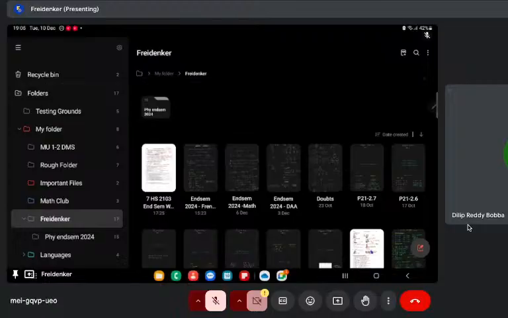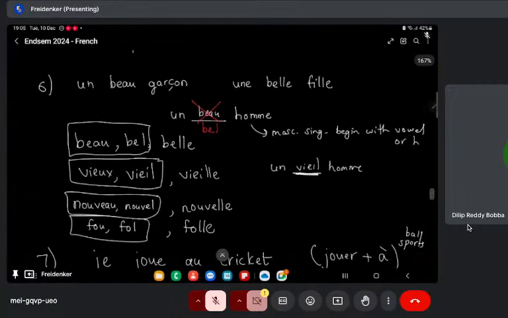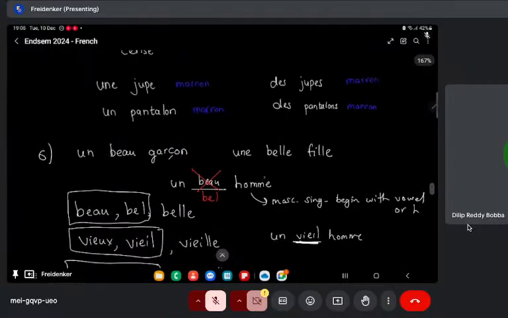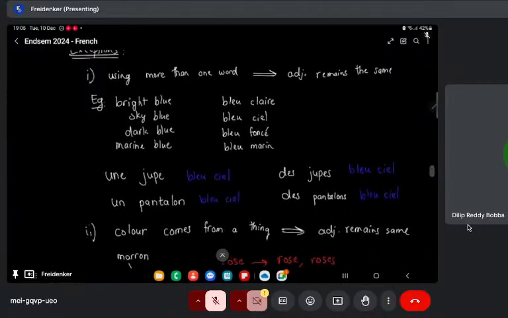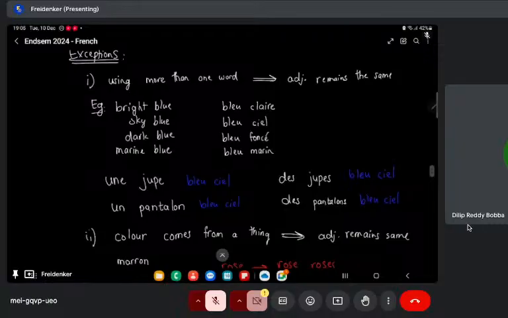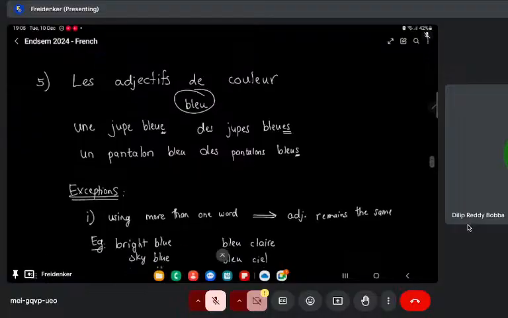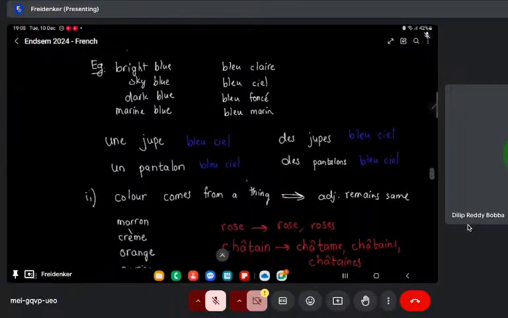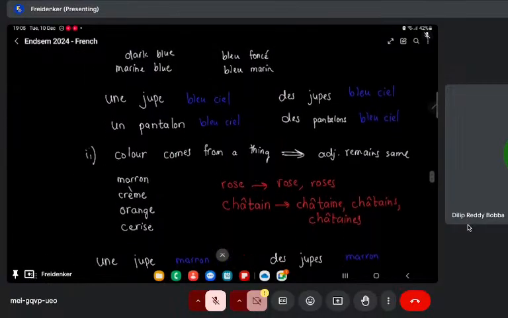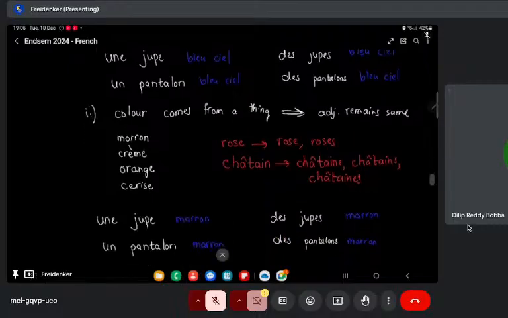But then, if you remember, there was this one exception to the exception. And okay, let me go back here. So if you're using more than one word, then the adjective remains the same. We're talking about adjectives of color, right? Adjectifs de couleur. The second exception was if the color comes from a thing, then the adjective remains the same. For example, marron. But then the exception to the exception was rose and châtain. Rose comes from the flower rose, and châtain comes from chestnut.